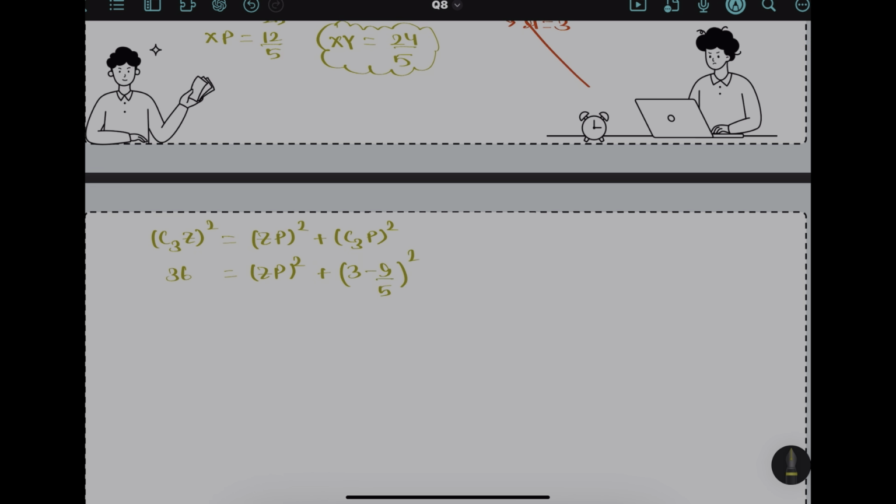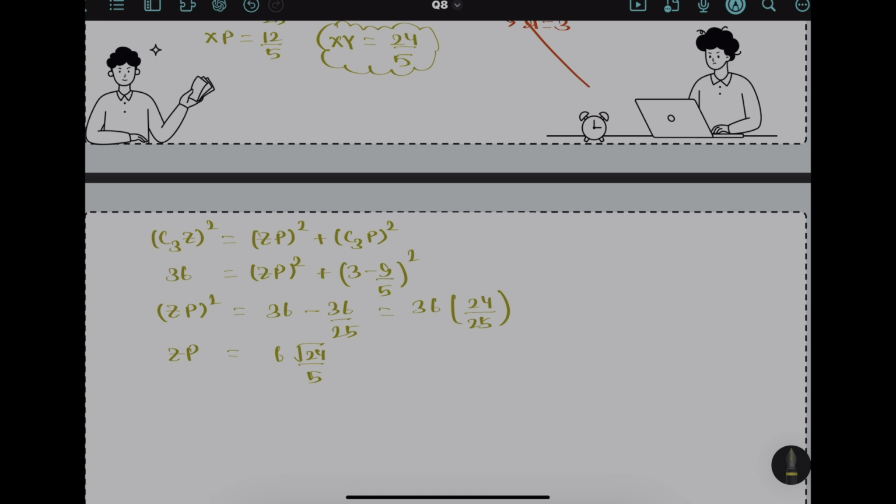So now ZP squared will be equal to 36 minus (6 by 5) squared, so it is 36 by 25 times... I'll take 36 common. We will be having 25 minus 1, 24 by 25. So ZP will become 6 root 24 by 5.